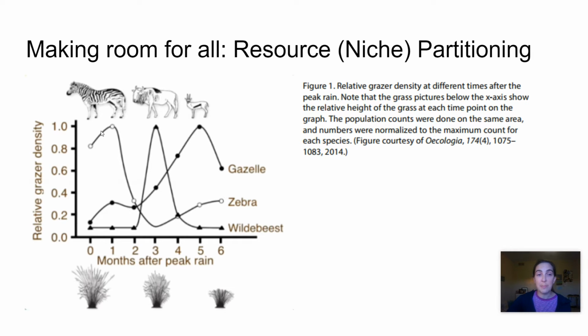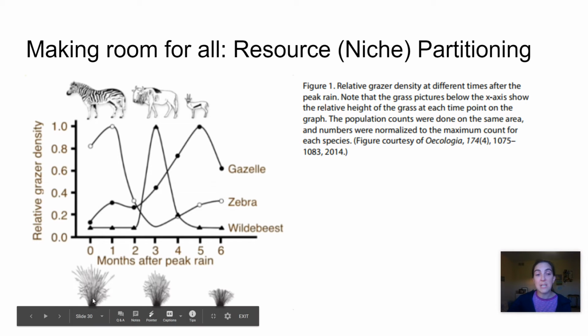The zebra's population kind of spikes shortly after the peak rain because that's when the grass is tall, there's tons of good vegetation available to them. And as they start chewing it down and shortening that grass, they are kind of making that grass less appealing to them and more appealing to the wildebeest, which is kind of the next population to spike.